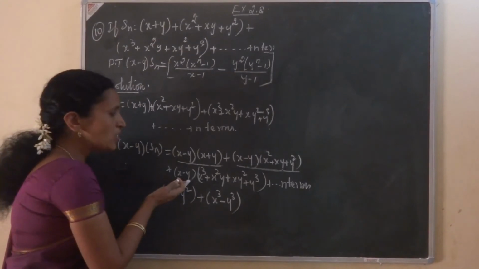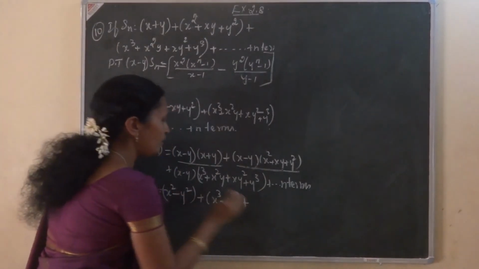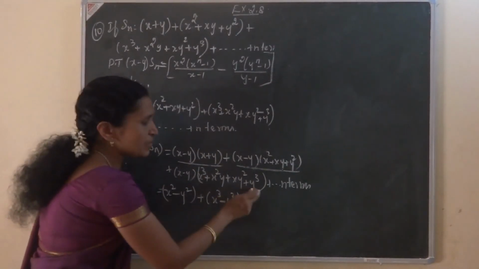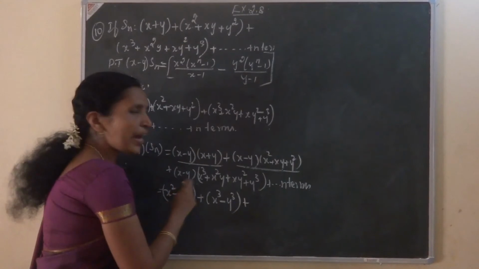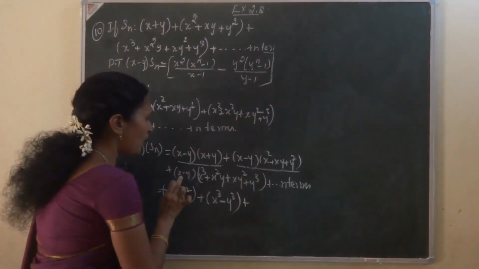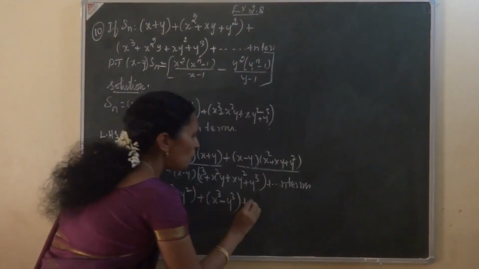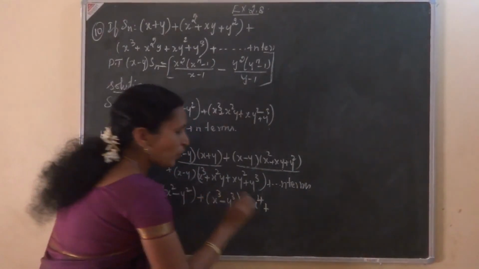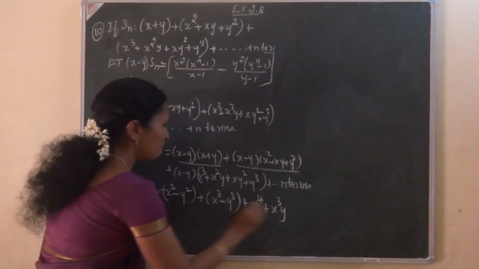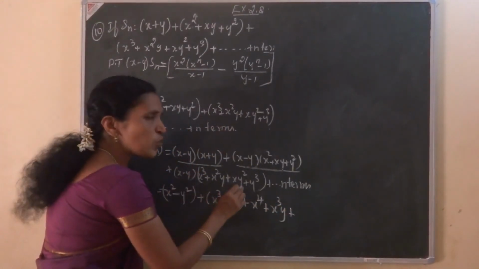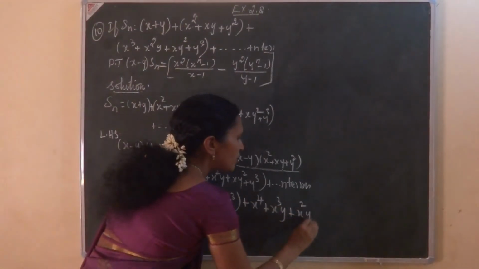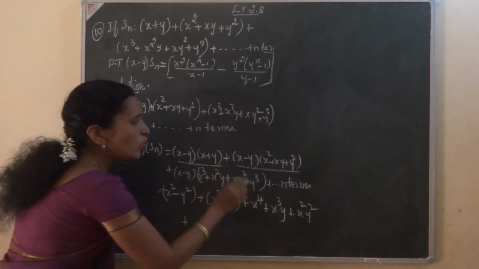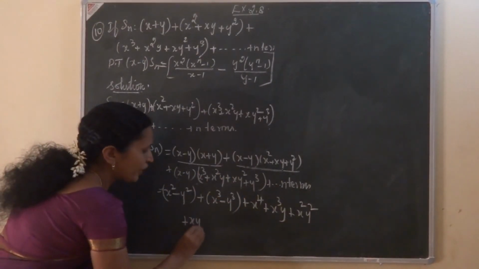Here we don't know the formula, so you just multiply by these values. First you take x and multiply every term. Next you take y and multiply every term. Now multiply x into x cube, x power 4, plus x into x square y, x cube y, plus x into x y square, x square y square, plus x into y cube, x y cube.